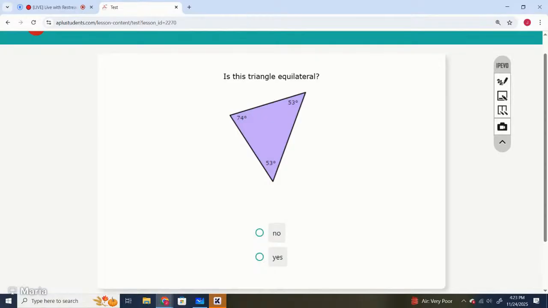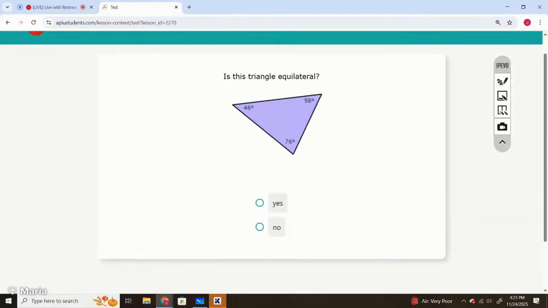What is this triangle called, equilateral? No, that is not an equilateral triangle. Is this triangle equilateral? No, that is not an equilateral triangle.